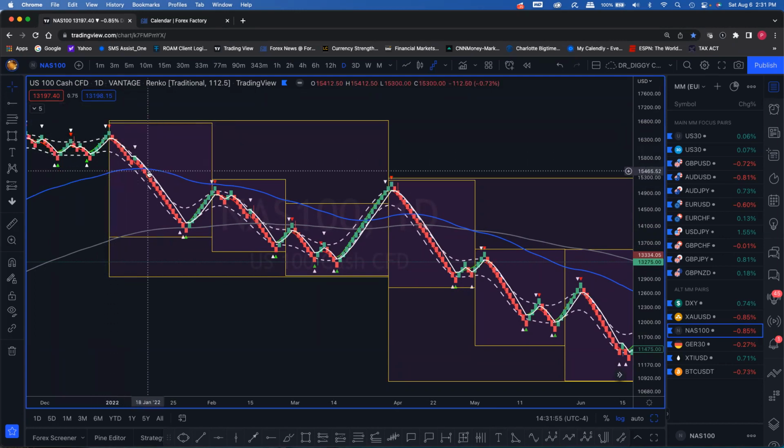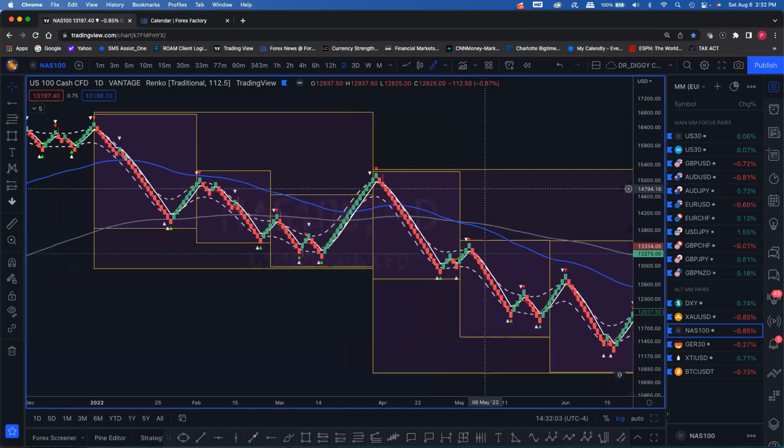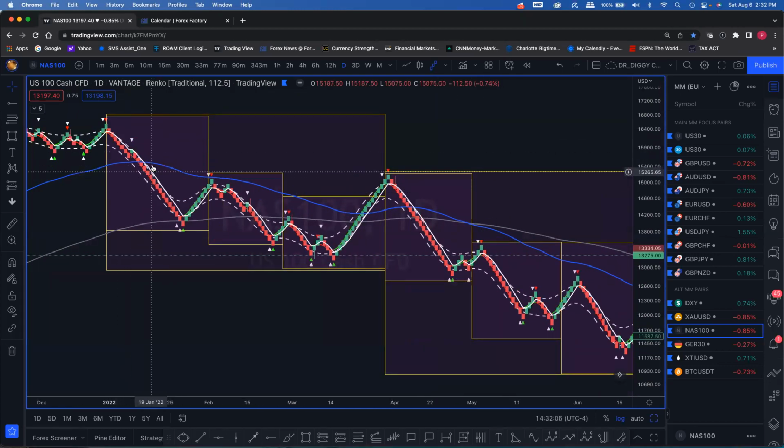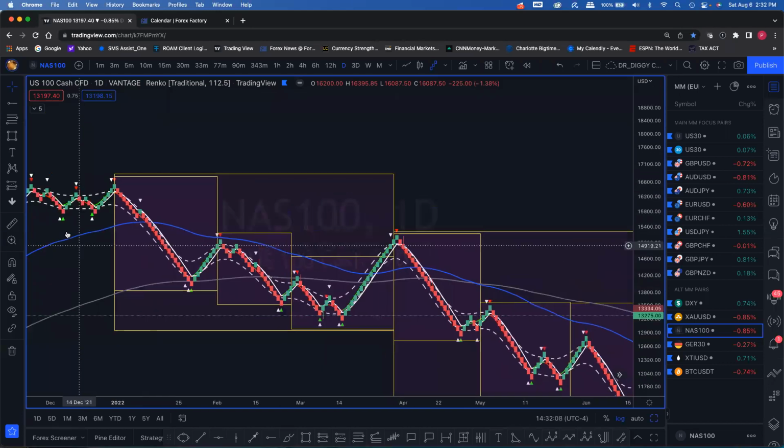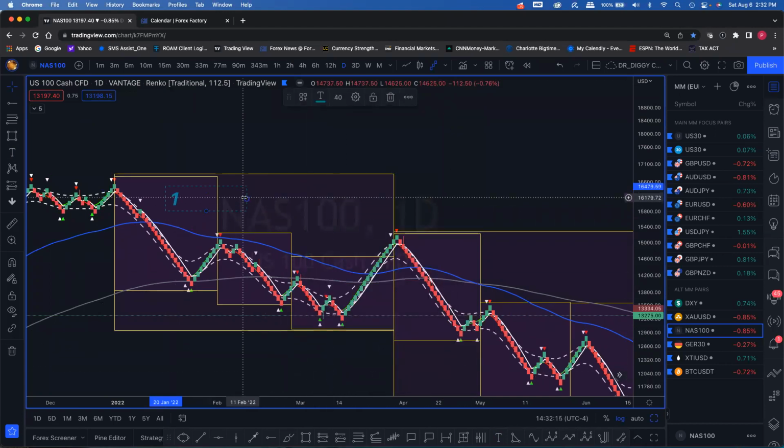When the white crossed the blue, if you see what happened in both of these two boxes, and this is what I see often, it doesn't happen every time, but what happened when the white crossed the blue? It crossed the blue when you got push number one. So you got push number one, the white crossed the blue.